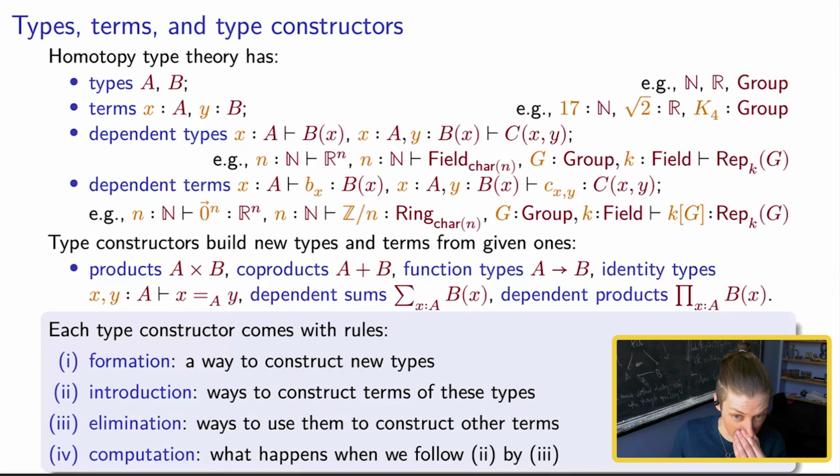The way I think about a judgment is as a grammatically correct, well-formed sentence in type theory. And so it's grammatically correct to say that I have a type or a term and a dependent type and a dependent term. And indeed, all of this can exist in an arbitrary context of variables from previously defined types. I've suppressed that from this slide. And that's what the judgments are.